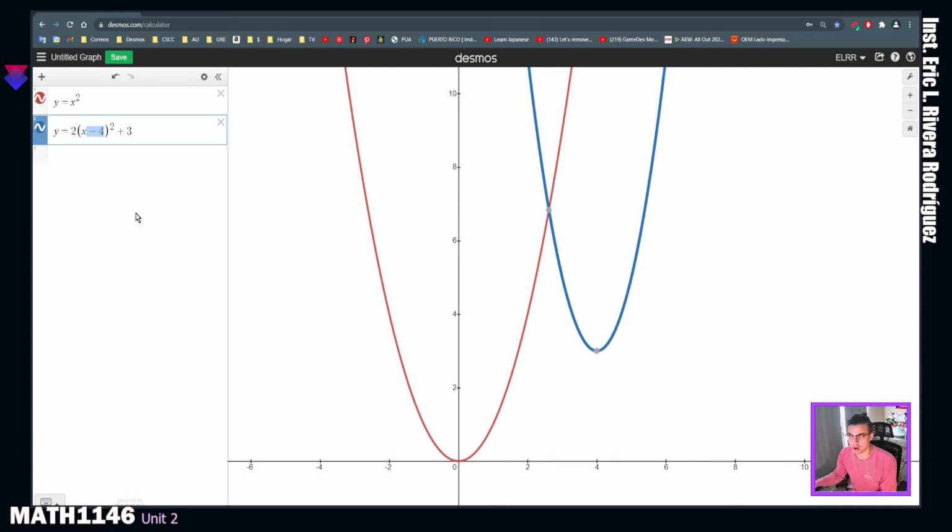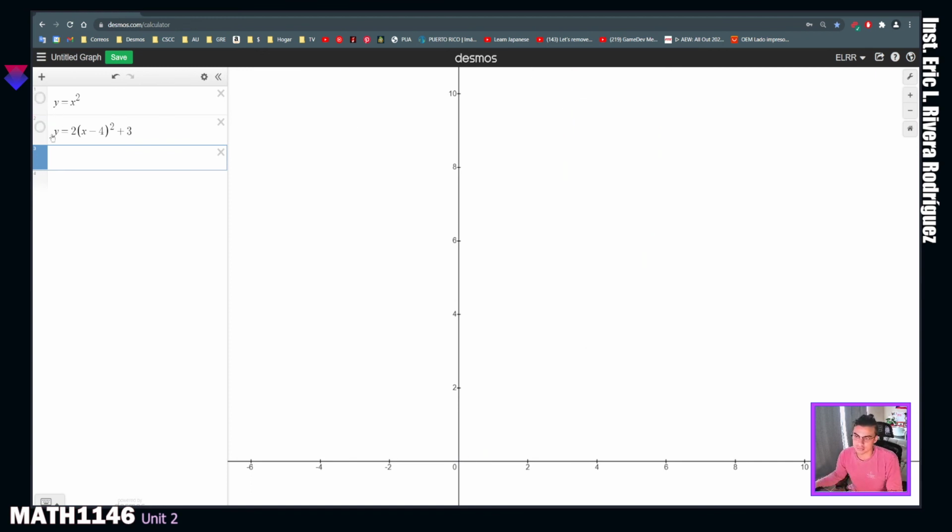Why is it going to the right when we see a -4? My logic tells me that if we are subtracting, we go to the left. So let me create a new equation. Let me hide this for a moment, and let's explore how that changes.